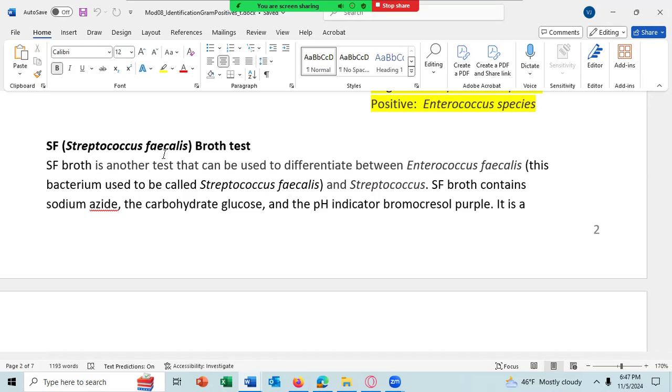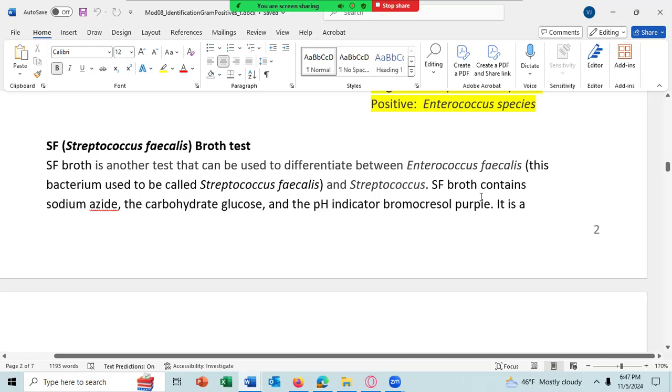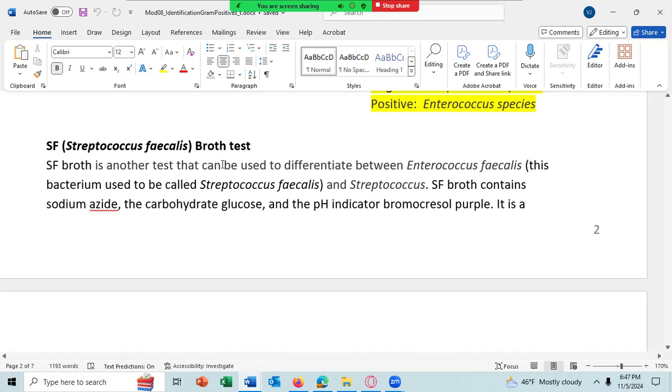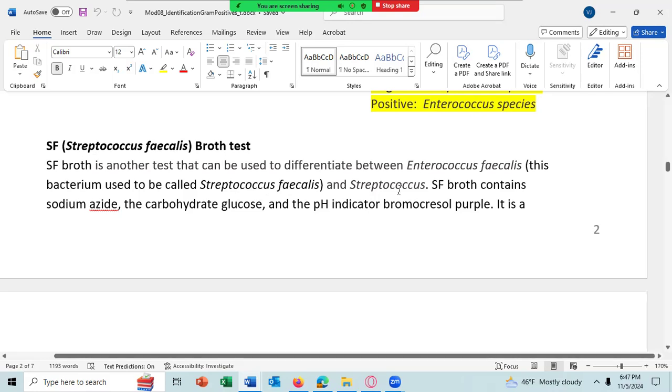It is now called Enterococcus faecalis, but we still call the test the SF broth test. Is that clear? Sorry, that's a little confusing, but we used to call Enterococcus faecalis Streptococcus faecalis, and that's why the test is called the SF broth test, for Streptococcus faecalis broth test.